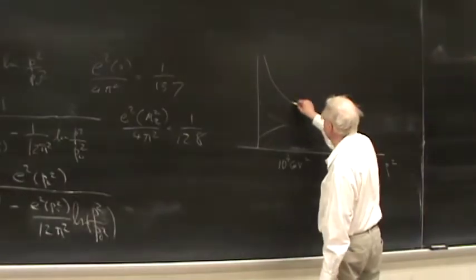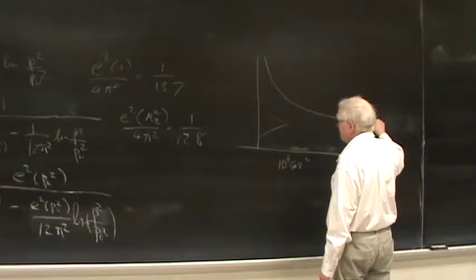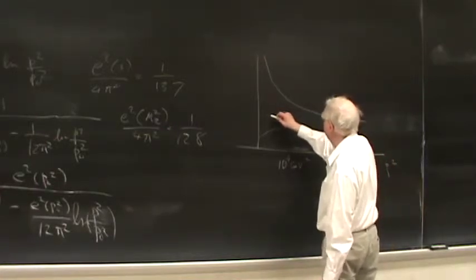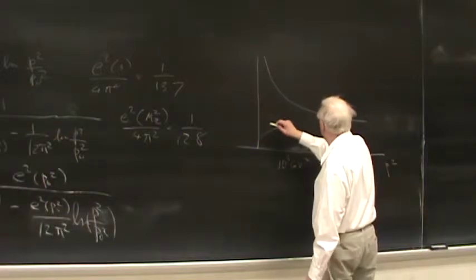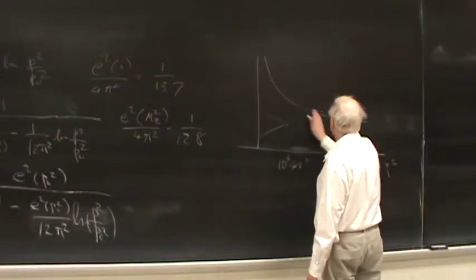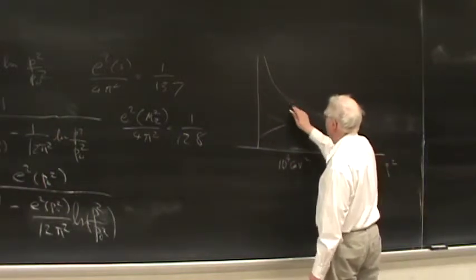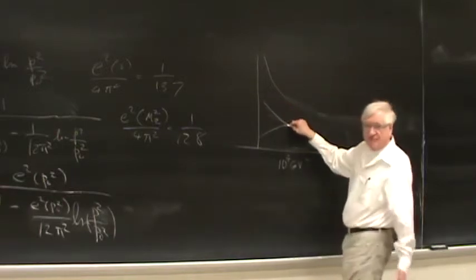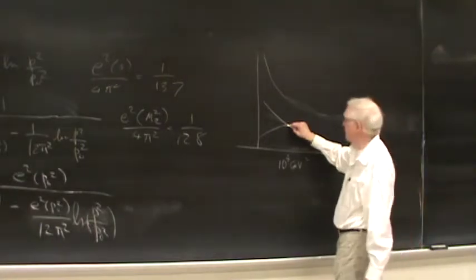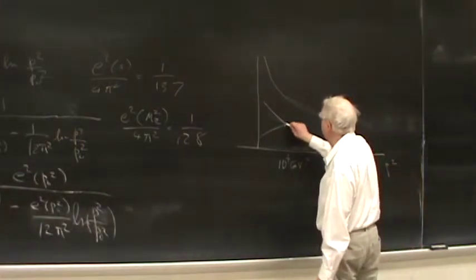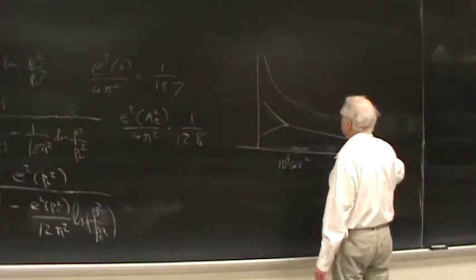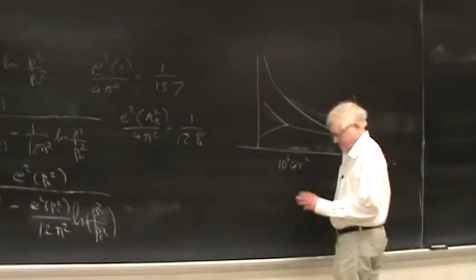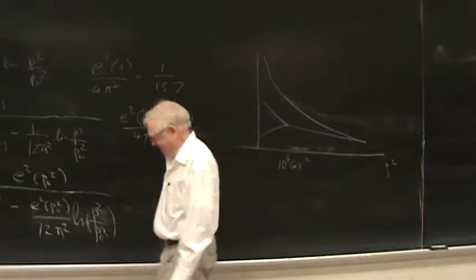But the point is that as you go to very, very high energies, these guys basically join, and you have unification of the electroweak. And then this thing is going down very slowly, this one is going down faster, and this is not the greatest plot, okay?